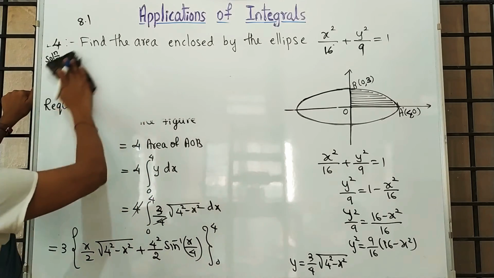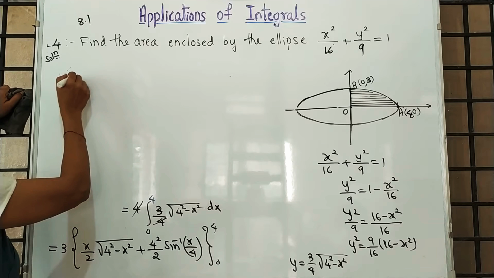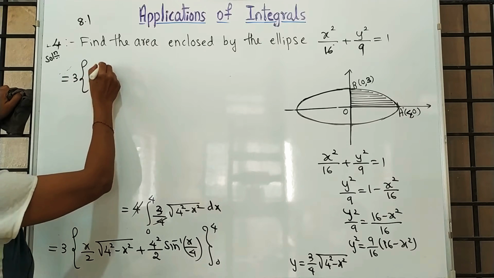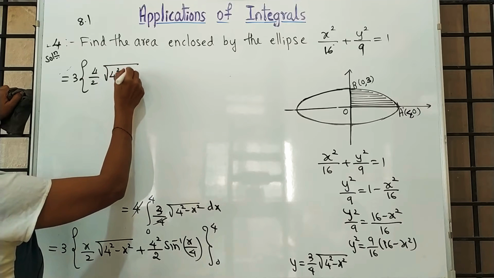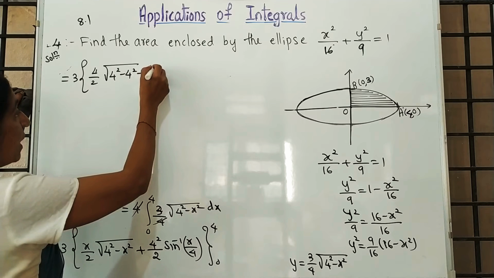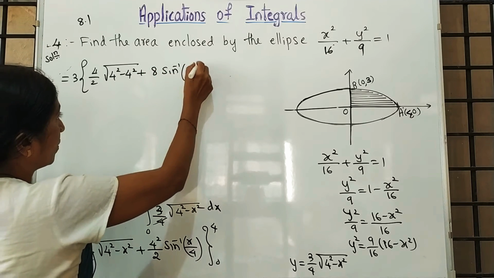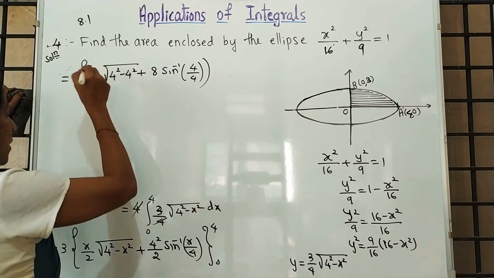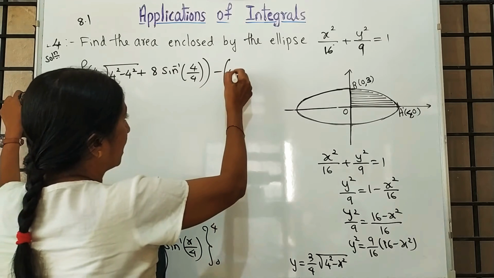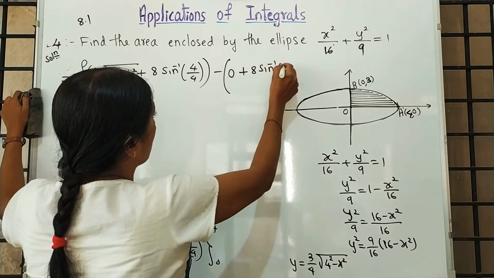Write down the limits, upper limit and lower limit. 3 outside as it is in the flower bracket, 4 by 2 root of 4 square minus 4 square plus 4 square is 16, 16 by 2 is 8 plus sin inverse 4 by 4, and next minus 0 upon 2 is 0, so directly I am writing 0 plus 8 into sin inverse of 0.